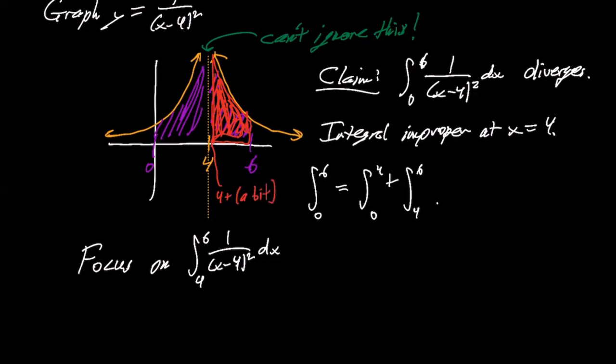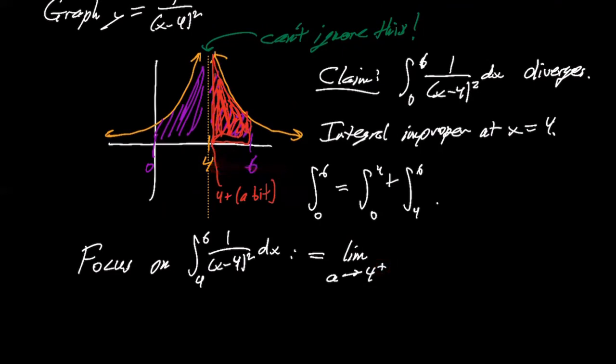We'll take a limit again. So what we're going to do is define this to be the limit as a goes to 4 from the right. I don't know if you've seen this notation before with this little plus sign up here. If you're approaching 4 from the left, you put a minus sign up here. If you're approaching 4 from the right, you put a plus sign, because we are approaching 4 from the right in this picture.